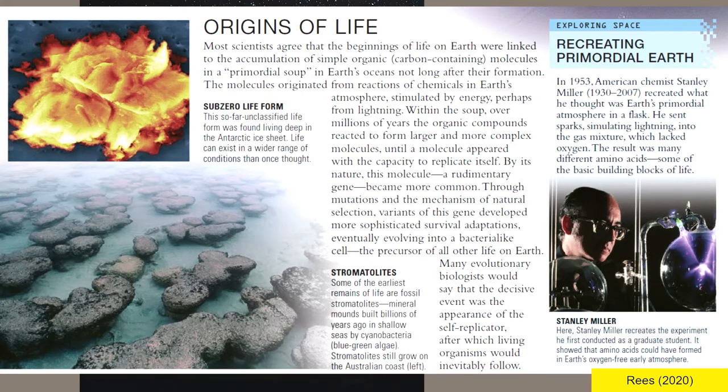The molecules originated from the reactions of chemicals with the Earth's physical environment, including the atmosphere and the different gases present in our primitive Earth, and then eventually those chemical compounds interacted with each other to form larger and larger complex molecules until they had the ability to replicate themselves.